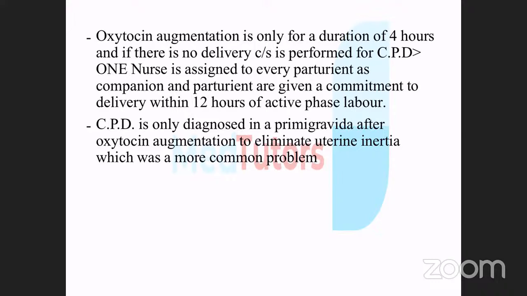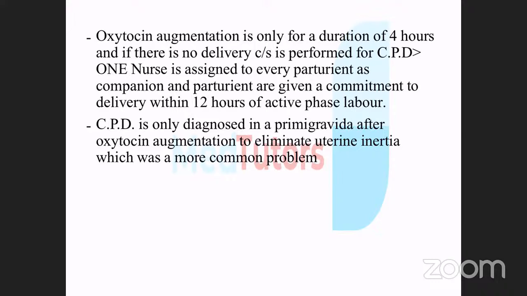Now, the good thing about it is that CPD is only diagnosed in primary gravida after oxytocin augmentation to eliminate uterine inertia, which is more common. Why this statement is important is that in most primary gravida, they tend to have ineffective uterine contractions, and therefore it's important that in primary gravida, the moment the cervix is not dilating at 1 centimeter per hour, you commence oxytocin.